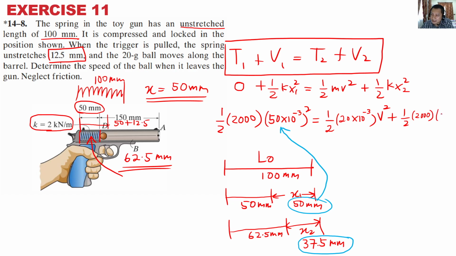I don't have space, I'm gonna write down here. 37.5 times 10 negative. Not enough space also. I gotta write everything down here lah. Plus half K 2000 X 37.5 times 10 to the power of negative 3 squared. There you go. So berapa jawapan?